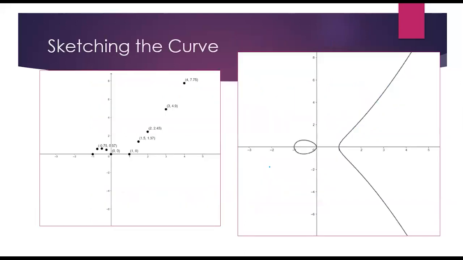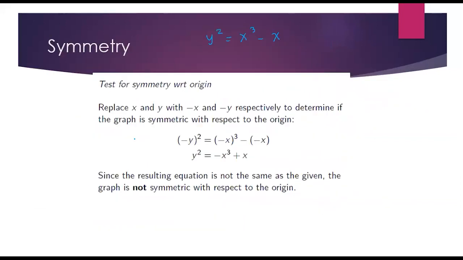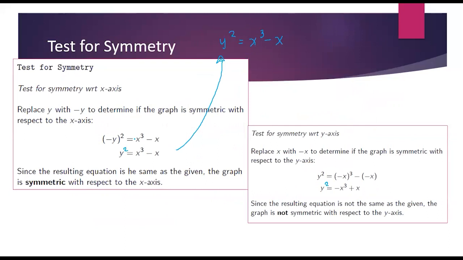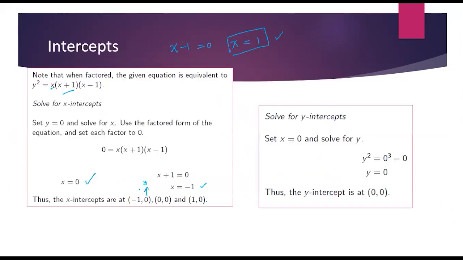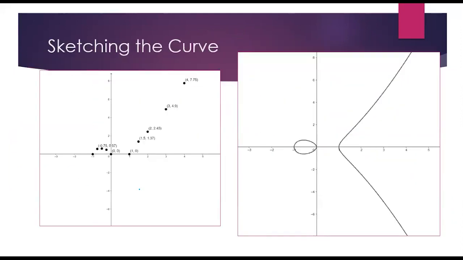So look at this one. Take note that we actually have a symmetry. Remember that we checked that we have a symmetry with respect to the x-axis, meaning that we have this, which is symmetric to my x-axis, and then also this one.